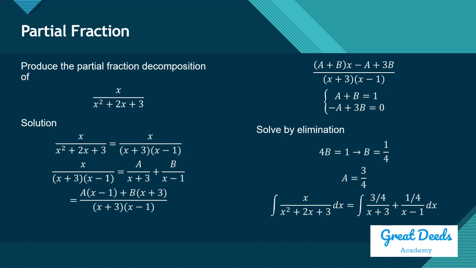That is equal to 3/4, this is a constant, 3/4 times ln of the absolute value of x plus 3 plus 1/4 times ln of the absolute value of x minus 1 plus c.